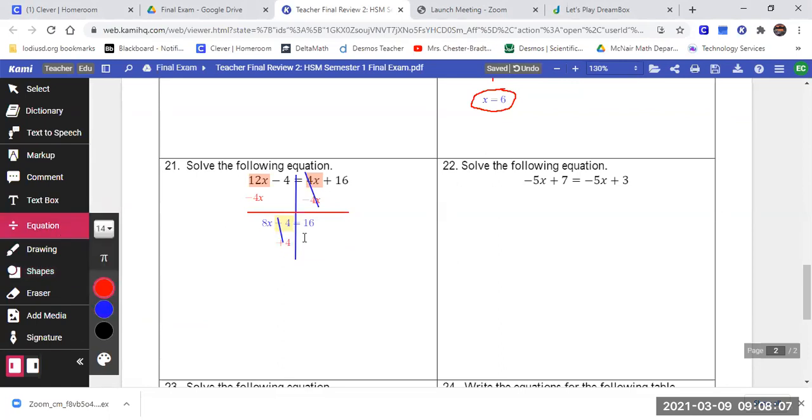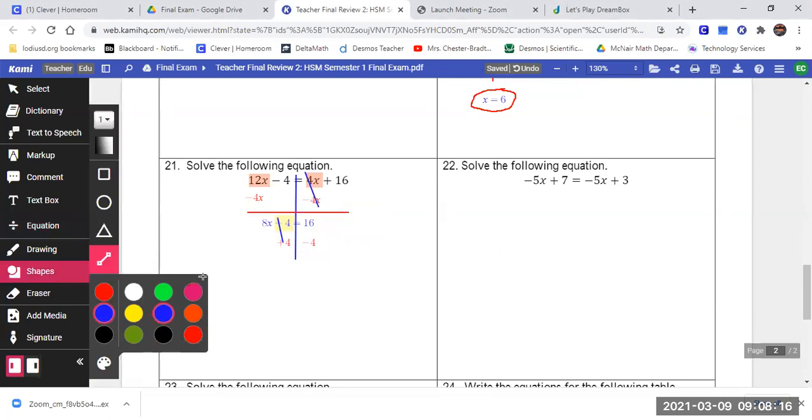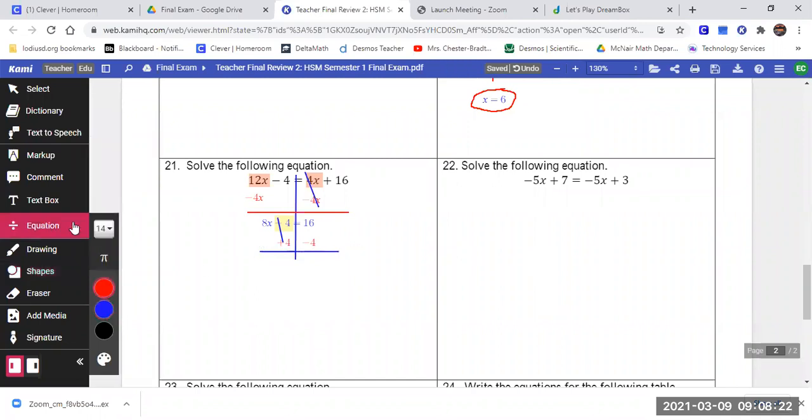Add the 4x to the 16 so we can move forward with our answer. So all that's left on the left-hand side is what? What do we have left over here? The 8x. 8x has to equal what happened on the right-hand side.